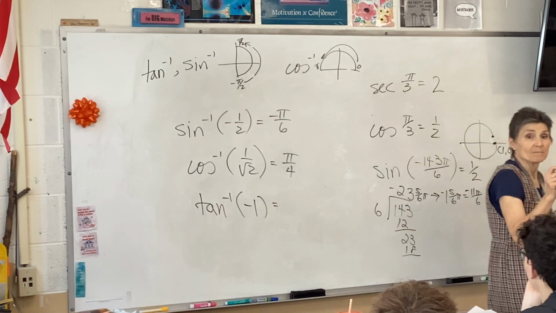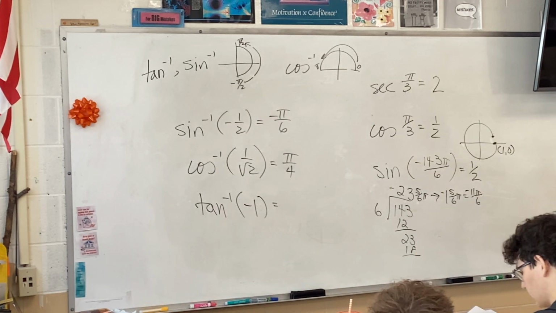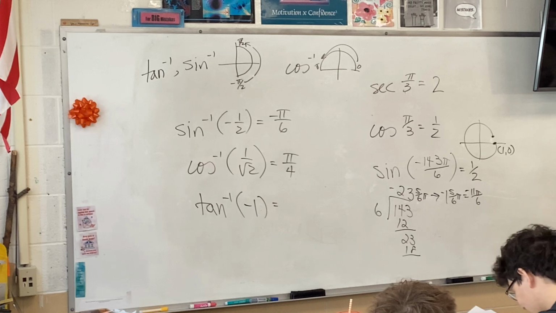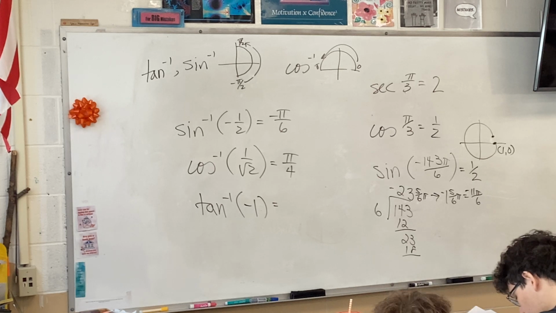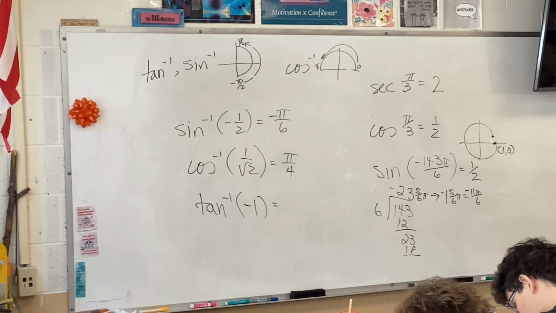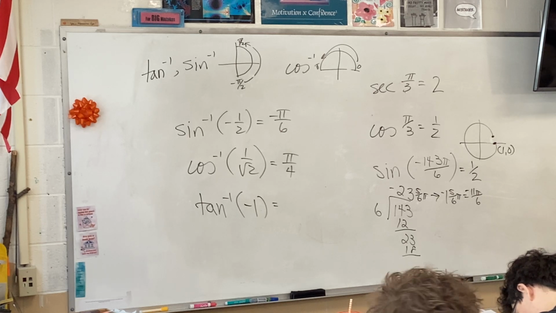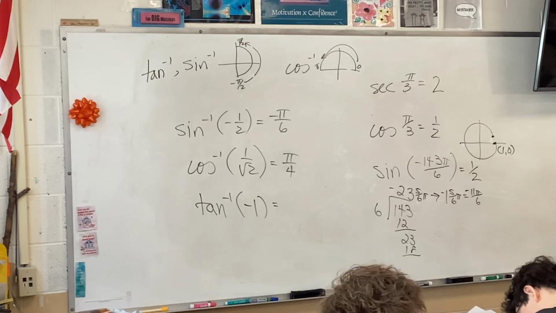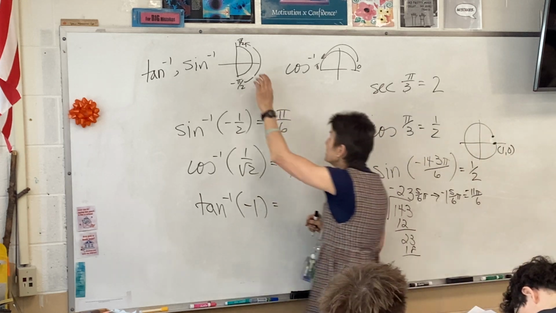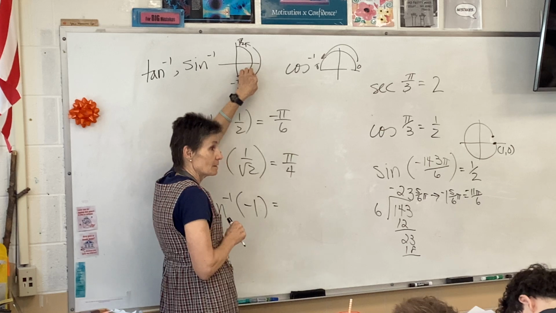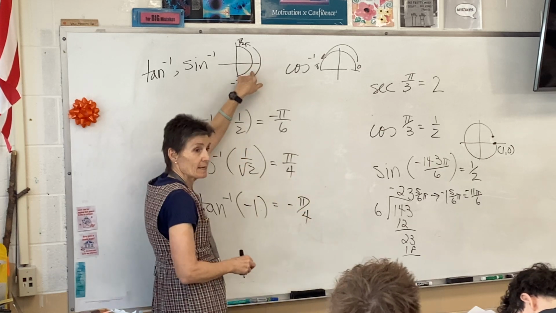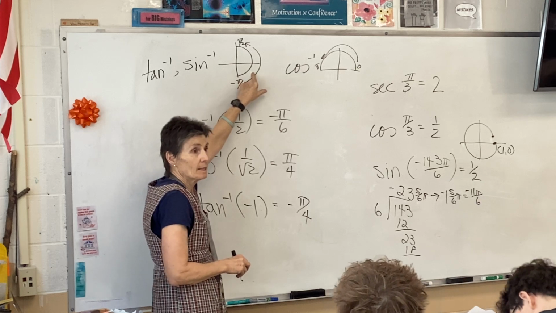Now, when you go around your unit circle, you've got x's and y's, and you've memorized those as sines and cosines. If the tangent is 1, then don't x and y have to be the same number? Right? But one of them is positive and one is negative, so that has to be down here. Enzo got it right away. Enzo said negative pi over 4. And he's right.